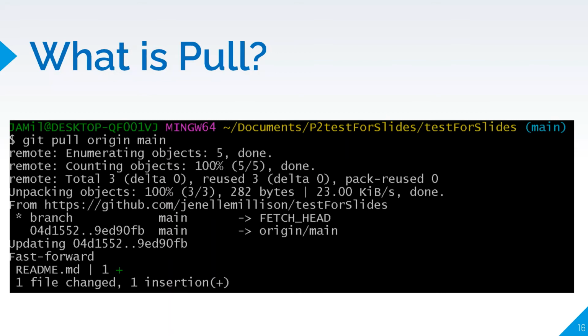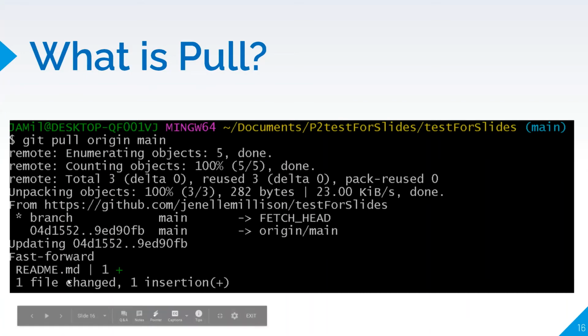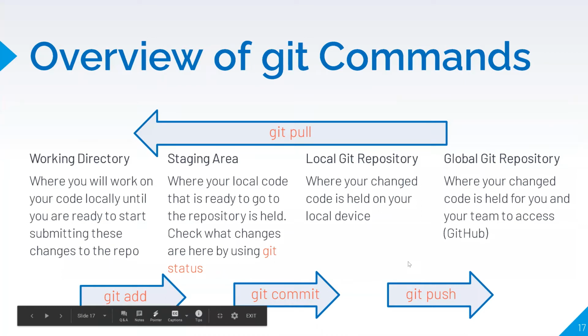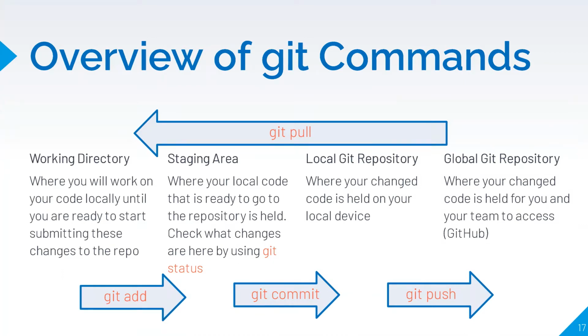So I set up the origin, and then I just ran this command that says git pull origin main, and that will take all of the changes from the global repository and bring them to my system. It loads a bunch of stuff, and it says it added a file called readme.md, and there was one insertion, so there's one line in that file. So that's perfect.